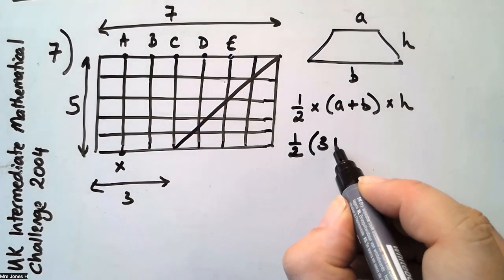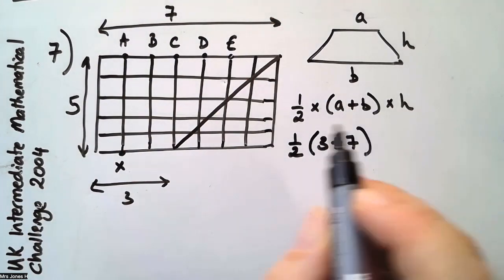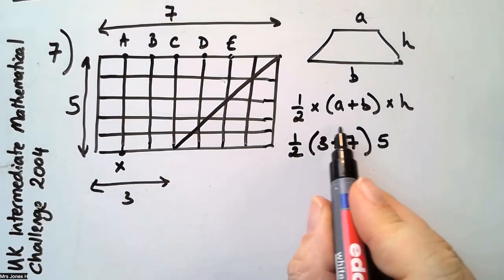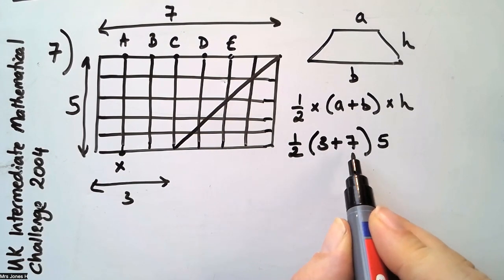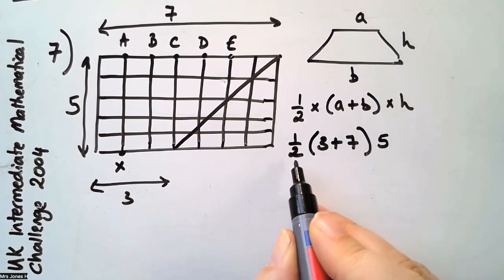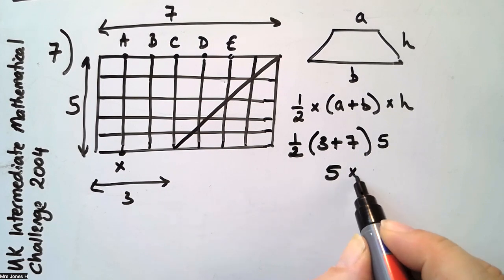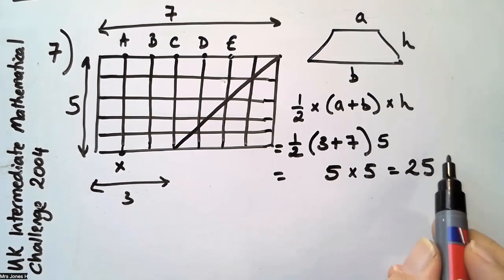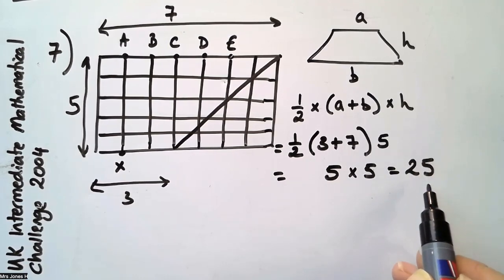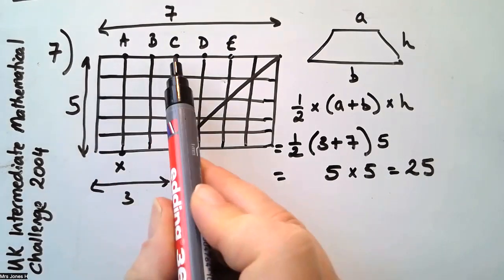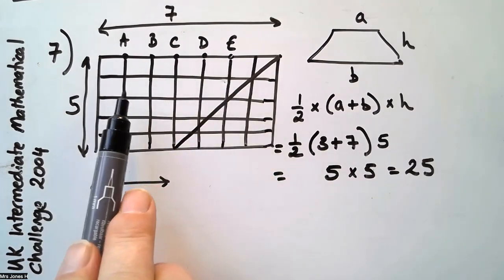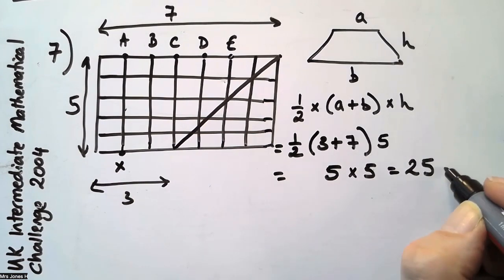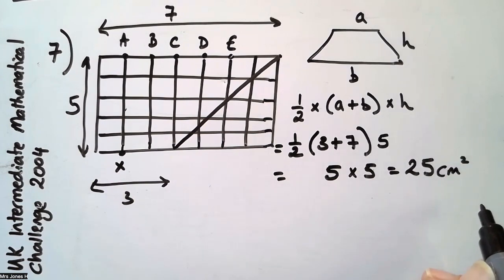So inside here, I'm going 3 plus 7, which is 10, and then the height here is 5. 10 divided by 2 is 5, multiplied by 5 gives us a total area of the whole trapezium of 25. So that whole shaded area on this left-hand side of the line is going to be 25 centimeters squared.